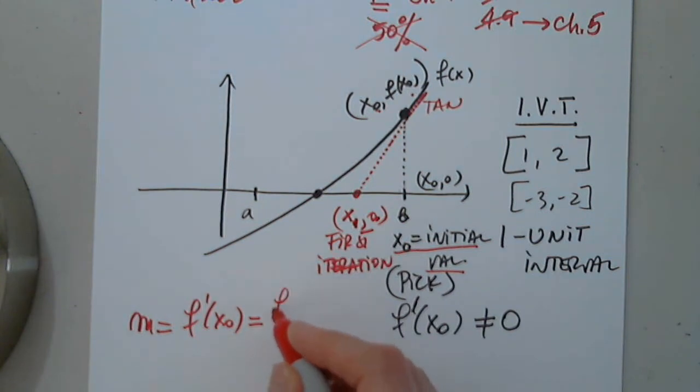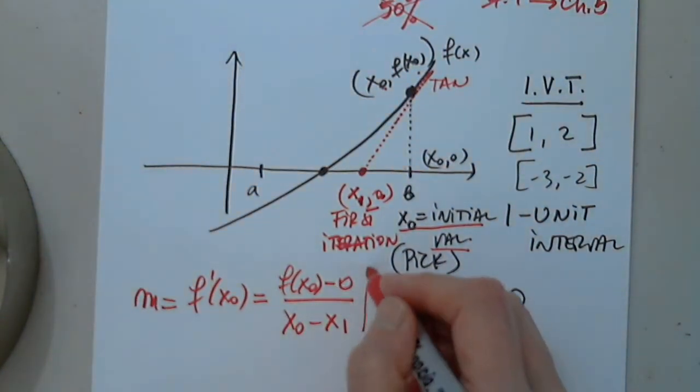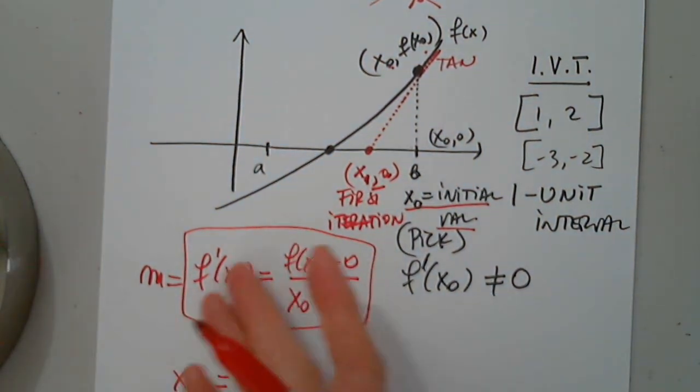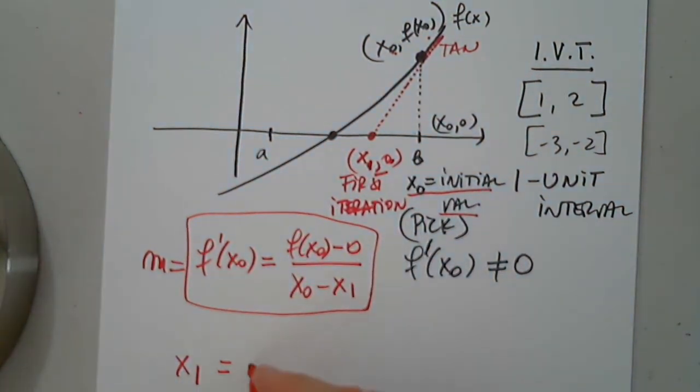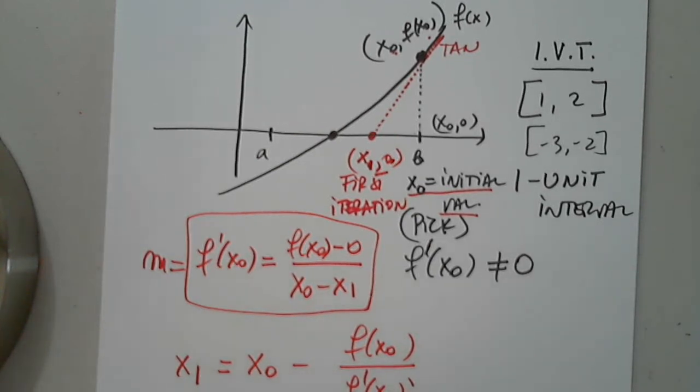So this is the same with f of x0 minus 0 over x0 minus x1. When we solve this equation for x1, and you can do the algebra, we will get x0 minus f of x0 over f prime of x0. I didn't mean to put that sign in there. Okay.